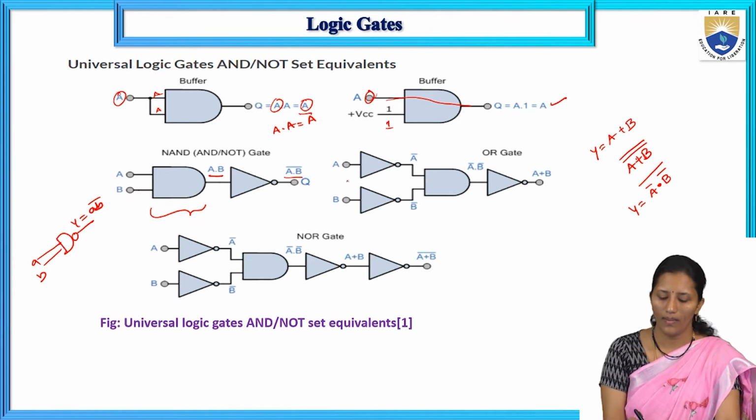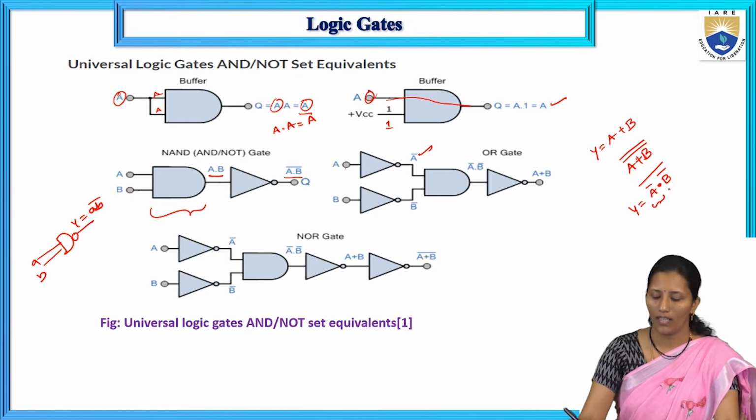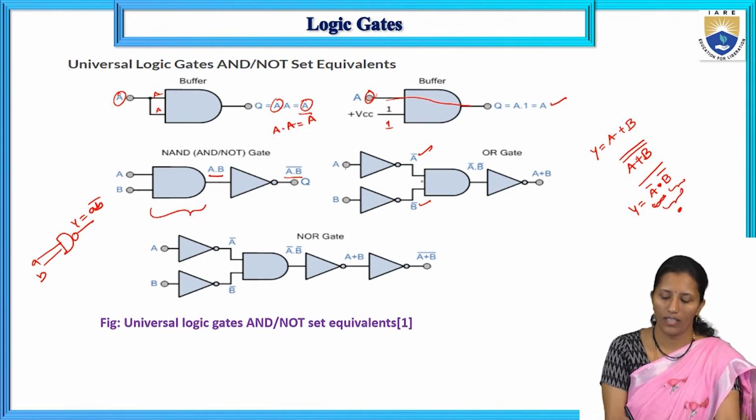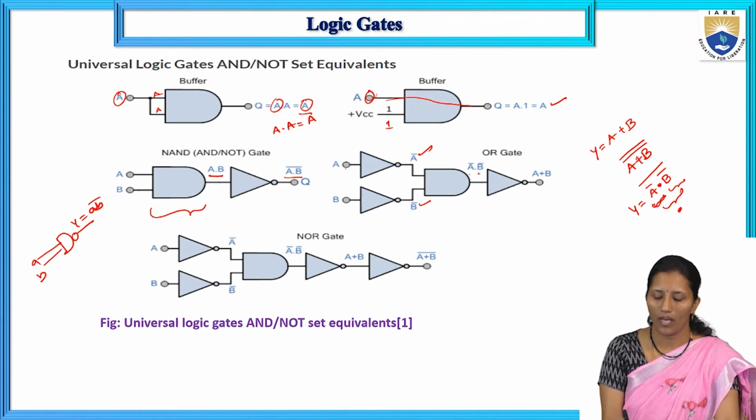So y is equal to A bar. How to implement A bar? A is given to the NOT gate and we get A bar. Another term is B bar, so B is given to another NOT gate and we get B bar. These two are multiplied in the AND gate, so A bar and B bar are given as input to the AND gate. The output is A bar into B bar.